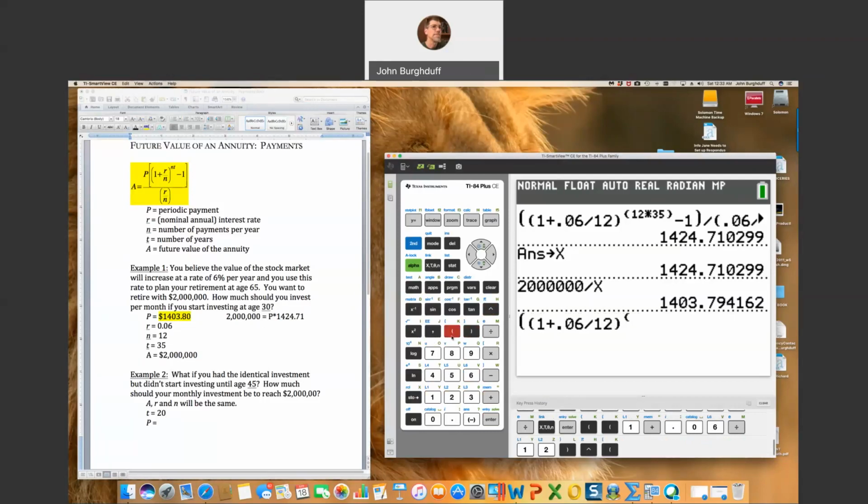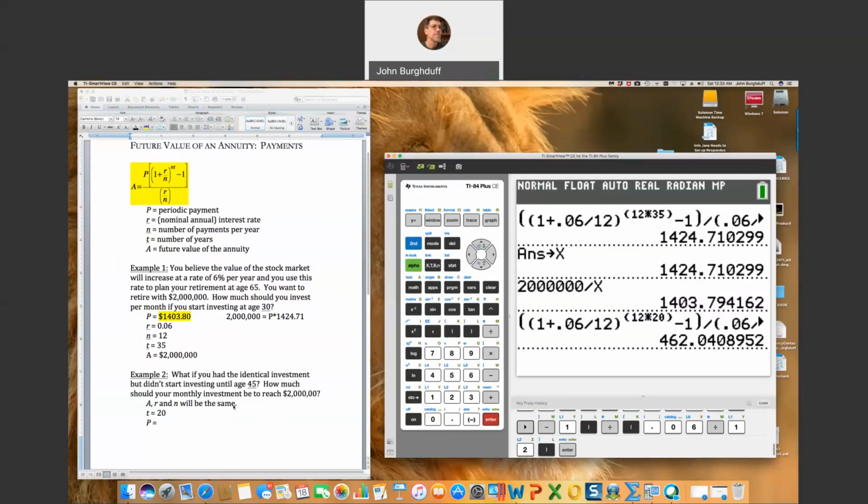N is still 12, but T is now 20. Get out of the exponent by using the right arrow key. Minus 1, close parentheses, divided by what's in the denominator, which is going to again be 0.06 divided by 12. That calculation will give us this number.